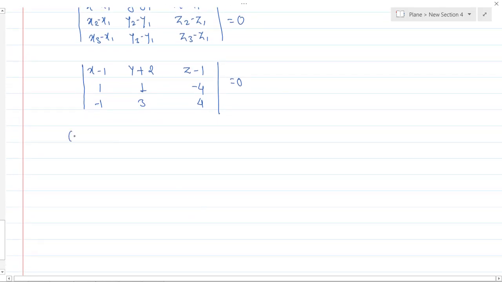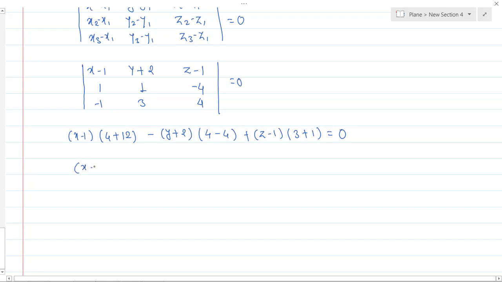Okay, so it's (x minus 1) into (4 plus 12), minus (y plus 2) into (4 minus 4), plus (z minus 1) into (3 plus 1), equals 0.